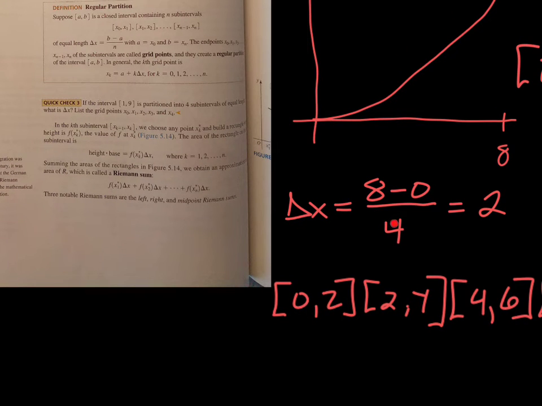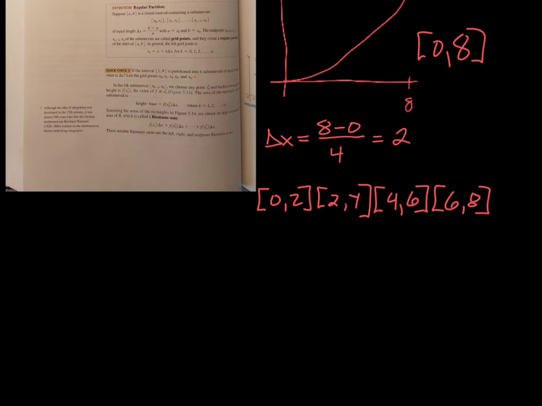So where is the third grid point? Let's look at what they're saying here again with this x sub k. They're saying start at your starting point and add k times your width. So in our made-up situation, I want to know where that third grid point is.